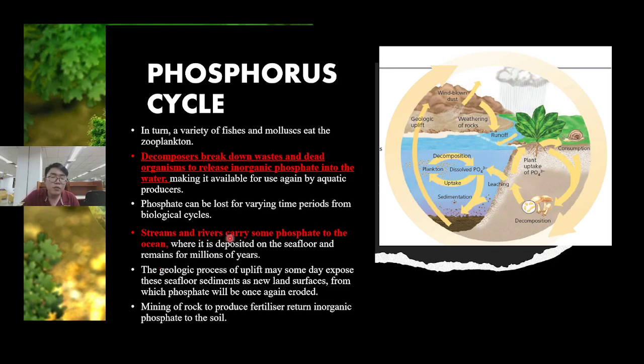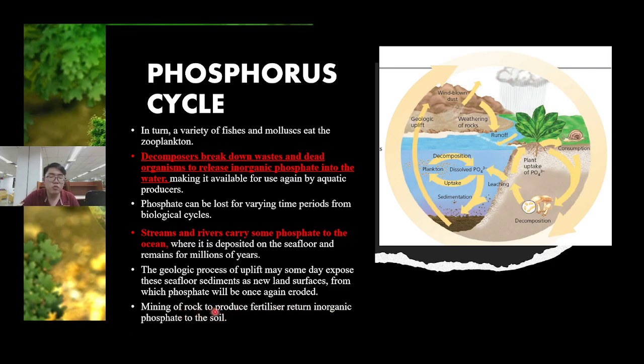Okay, streams and rivers carry some phosphate to the ocean where it is deposited. This is just streams and rivers containing phosphate, and then it flows to the ocean. And then the geologic process of uplift may someday expose this seafloor sediment as new land surface from which phosphate will once again be eroded. Again, mining to produce fertilizer returns inorganic phosphate to the soil.